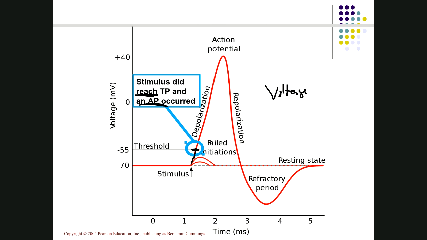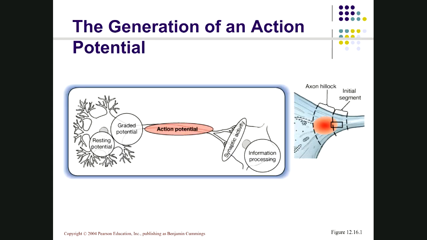And voltage-gated channels give you not graded potentials, they give you an action potential. And that action potential, once it's generated, is going to travel all the way down the membrane. Any questions?